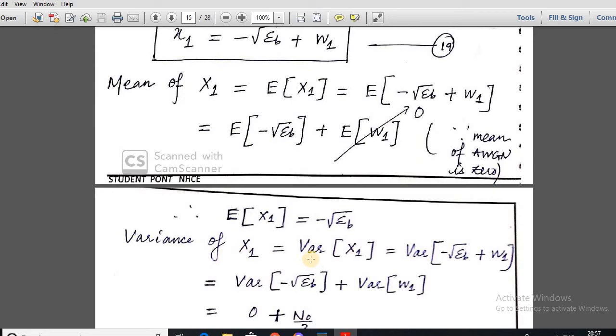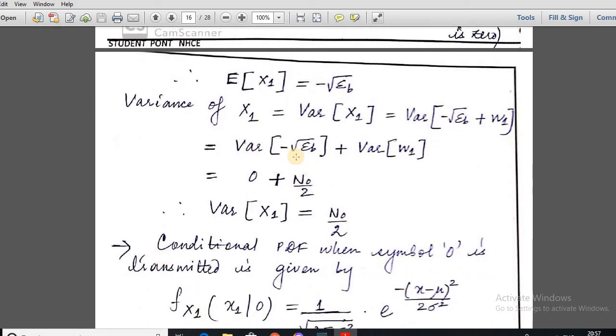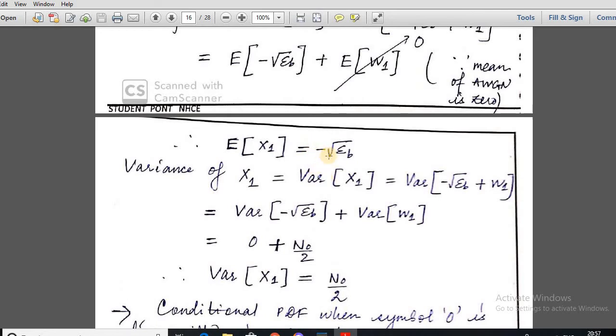Now the variance of x1 is the variance of minus root of Eb plus w1, which is equal to the variance of minus root of Eb plus the variance of w1. What is the variance of minus root of Eb? Variance is the quantity minus its mean, whole square.